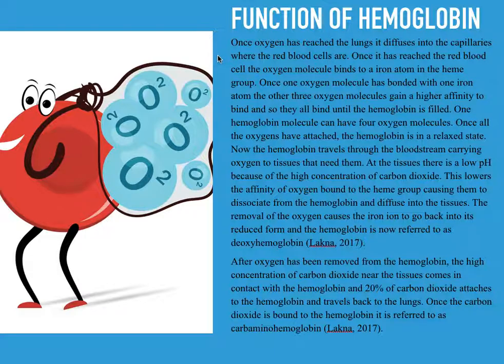After oxygen has been removed from the hemoglobin, the high concentration of carbon dioxide near the tissues comes in contact with the hemoglobin, and according to PETA, 20% of carbon dioxide attaches to the hemoglobin and travels back to the lungs. Once the carbon dioxide is bound to the hemoglobin, it is referred to as a carbaminohemoglobin.